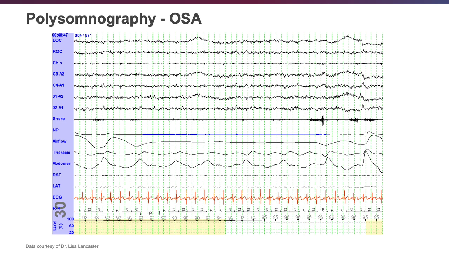But if we look further down at the thoracic and abdomen readings, we'll see there's a nice sinusoidal movement of the chest in the thoracic region and the abdomen, showing that the patient is still trying to breathe against a closed upper airway without any airflow going through.